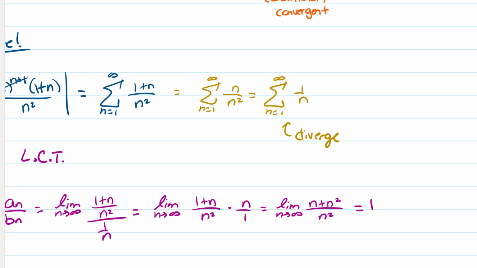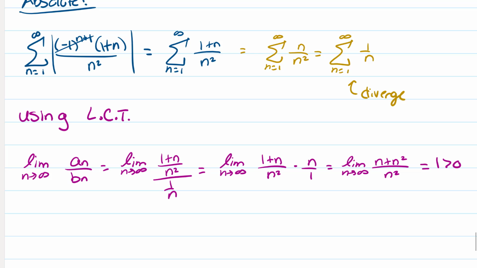After taking that limit, I get that it equals 1 using an n behavior model and setting the limit to infinity. Well, I know 1 is greater than 0, so using the limit comparison test, I can see that they both behave the same way.